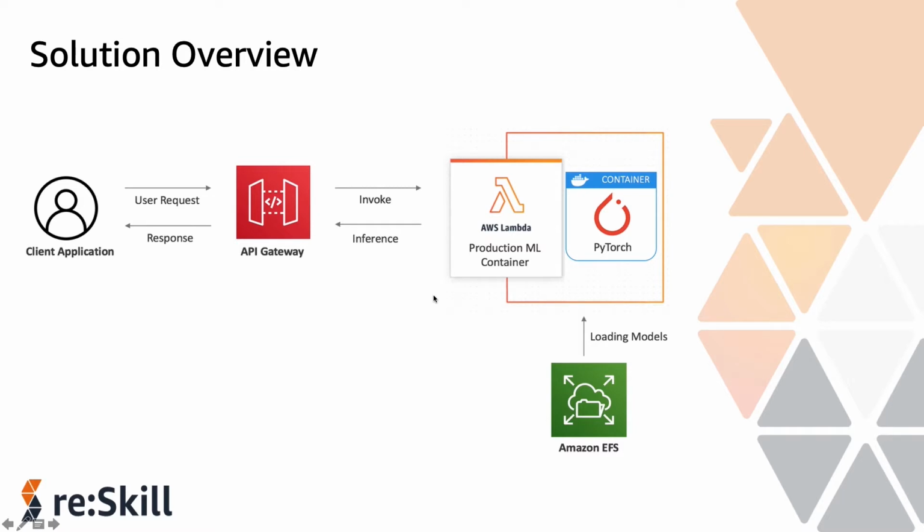For this demo, we are going to pick a problem where we use a model that was trained for extracting text from an image. It's an open source model, not trained on SageMaker.